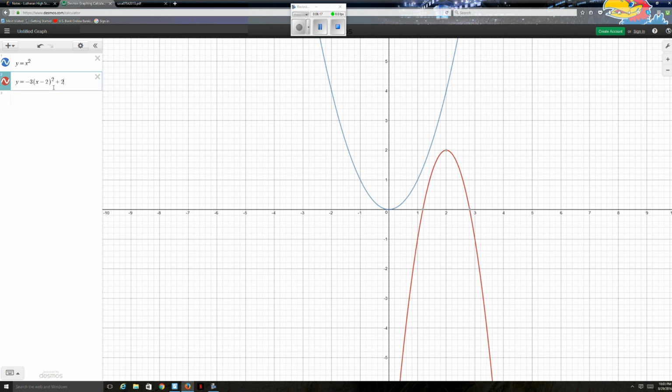All right, and we're going to focus on this point right here, 0, 0. We're going to see how that becomes 2, 2. This is the vertex here, and it becomes the vertex 2, 2 here. So we're going to go right 2.